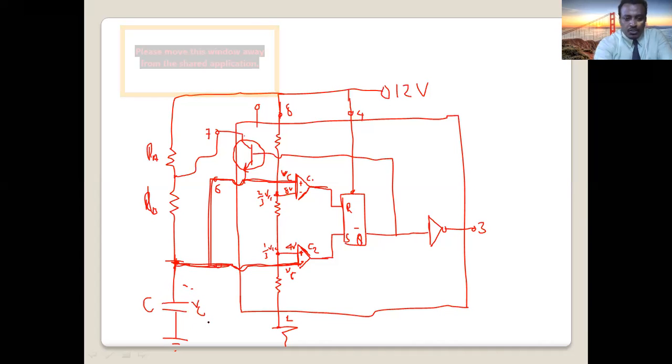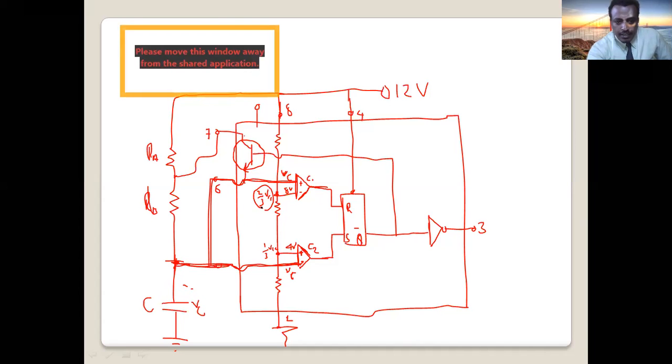How much voltage is stored here? Comes to pin number 6 and pin number 2. And it compares with what? It compares with 2/3 of VCC. These 3 series resistors divide the VCC into 2/3 and 1/3. We have discussed last time. So this is 8 volt, 4 volt constant.